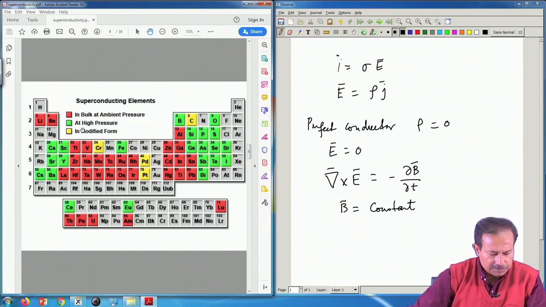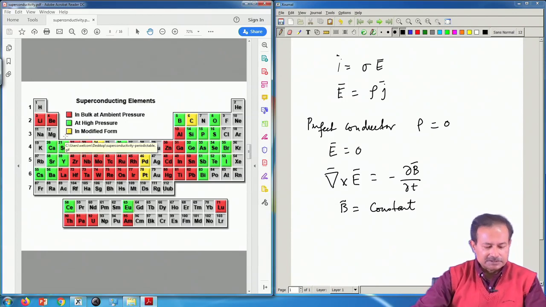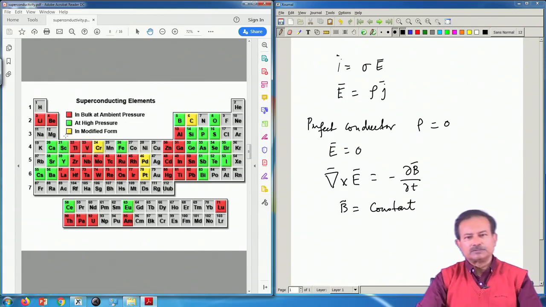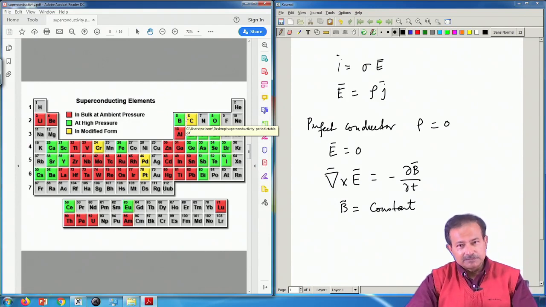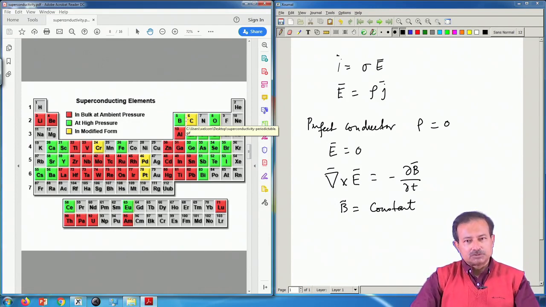The other thing is this yellow one. These yellow ones are interesting in the sense that these are in modified forms. Carbon, for example, is given in yellow, which means that there is a form of carbon which is superconducting, and we know what this is. This is called the Buckminster fullerene, C60.